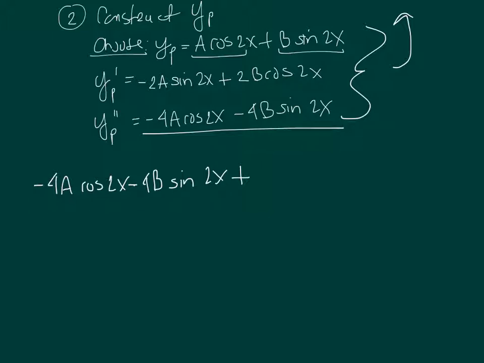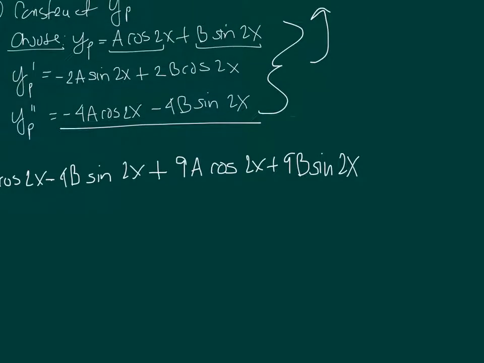Well, here is my y, so I'm just going to distribute the 9. That is going to be 9a cosine 2x plus 9b sine 2x. And then, of course, that's equal to my f of x, which is sine 2x.